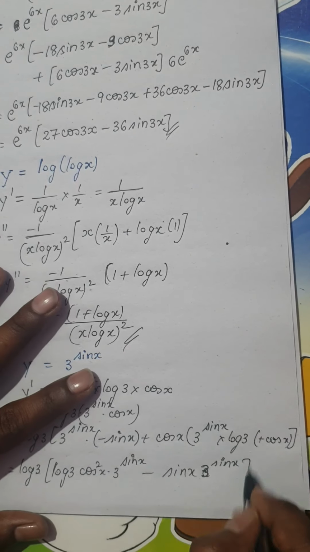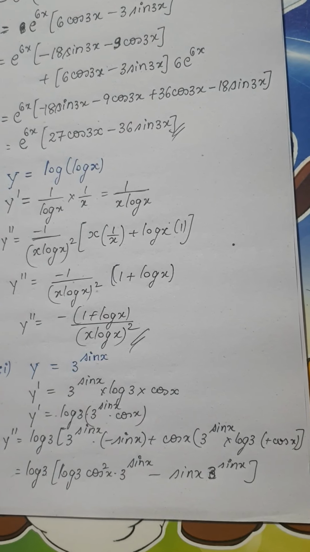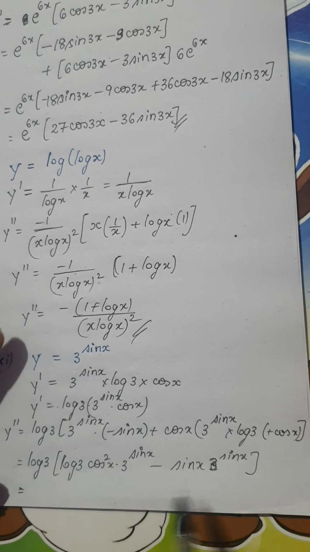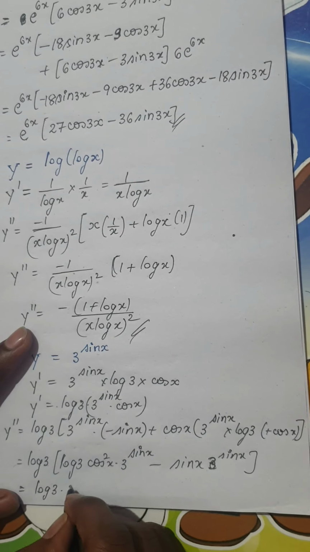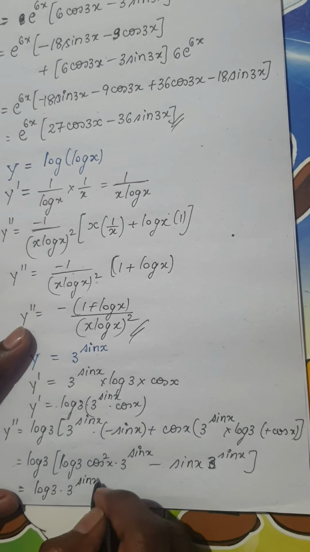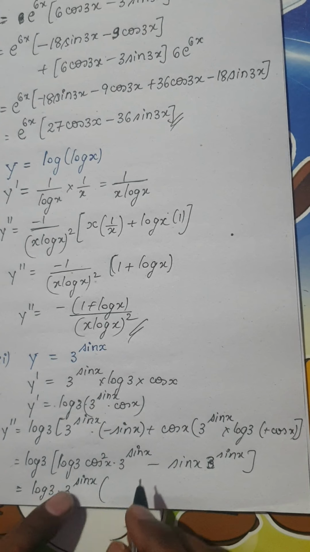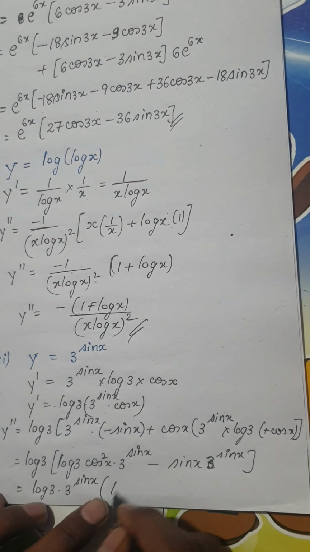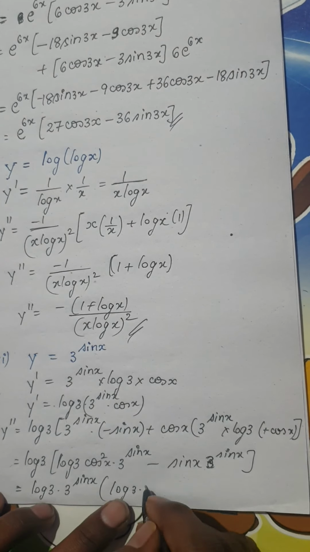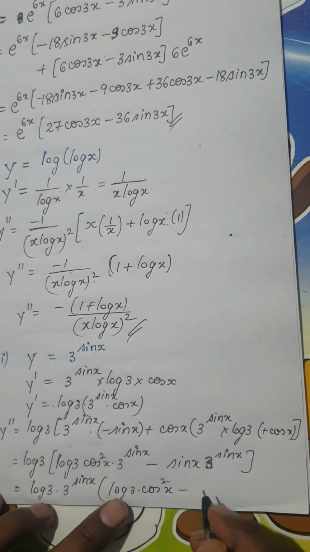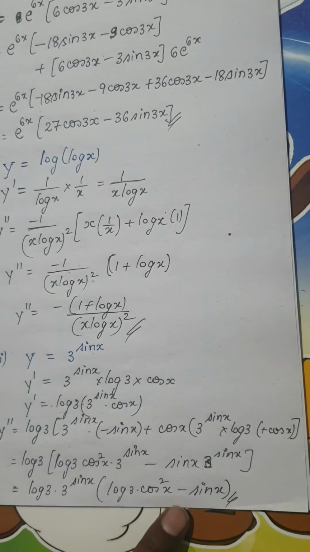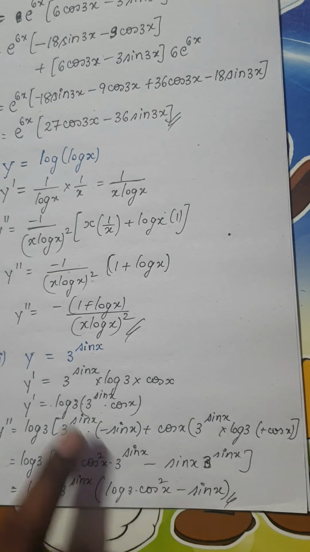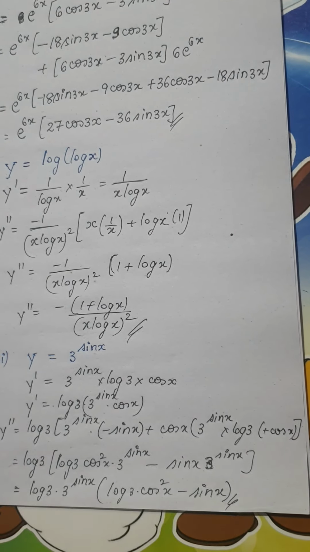You can write it in one last simplified form: keep 3 power sin x common, so log 3 into 3 power sin x is a common term. I'm going to keep it outside, so I'm left with log 3 into cos square x minus sin x. So this is the second derivative of the function 3 power sin x.